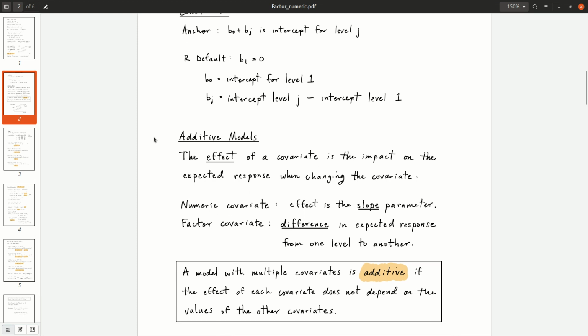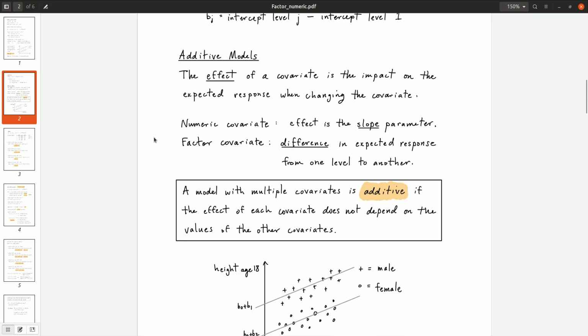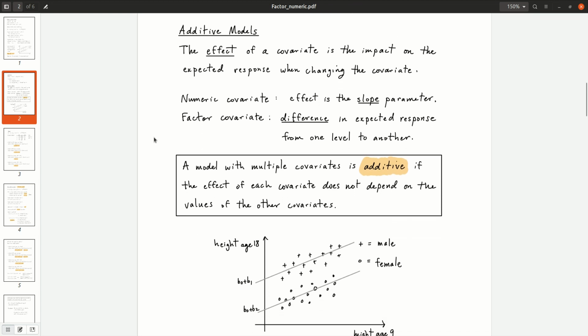Okay, now let's go back and let me fill in a detail about what I mean by this term additive model. This is something that you should pay very close attention to, because this is central to one of the main things I want you to get from this course, which is to understand precisely the distinction between an additive model and an interaction model. So let's define additive first.